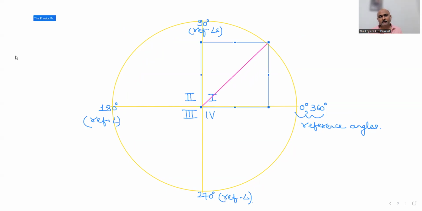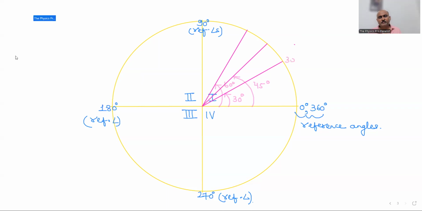Now, since we have understood what reference angles are, there are some standard angles in every quadrant, right? So these are the first 3 standard angles of this quadrant. This angle is 30 degrees, this angle is 45 degrees, and this angle is 60 degrees.